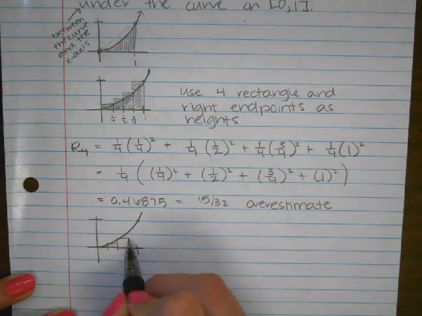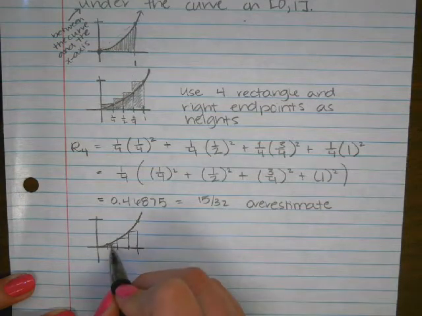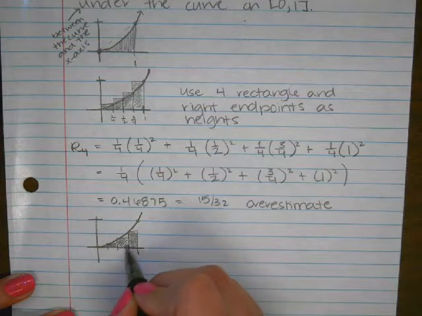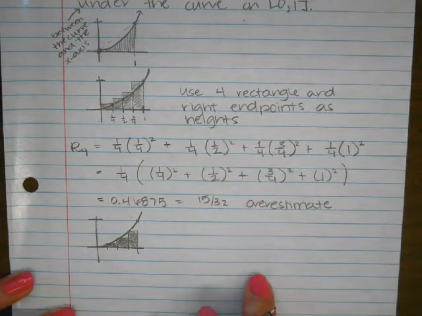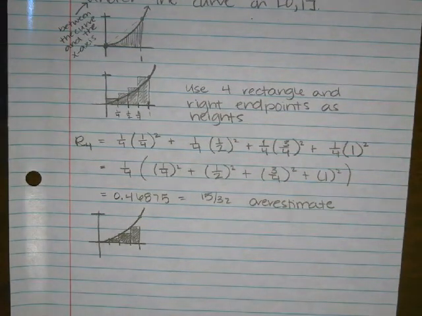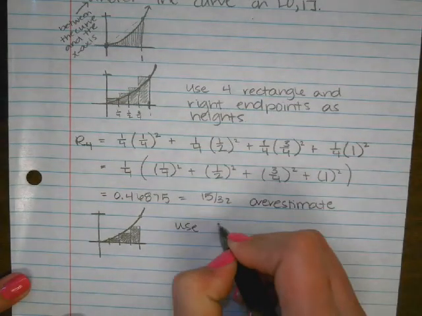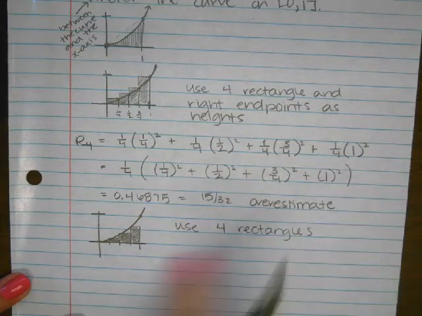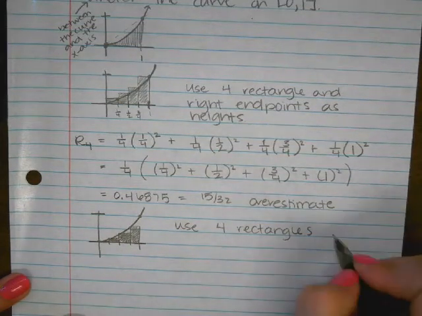There's my third and my fourth. I had to remake this video from last year because last year I kept saying triangle. But I haven't messed up yet. Knock on wood. Okay, so this time we used 4 rectangles. I know it looks like there's only 3, but that's only because this one right here has a height of 0 since we're using the left endpoints.